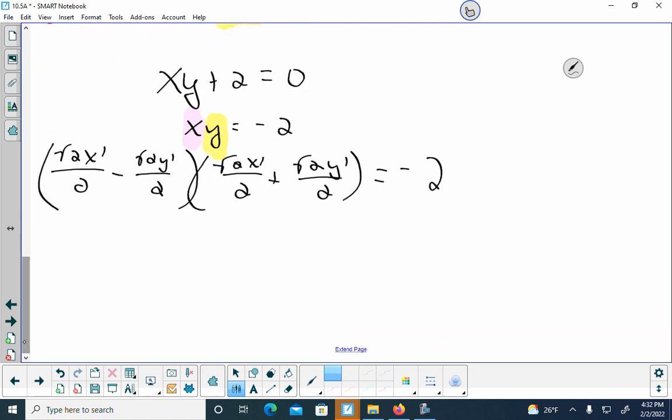Hopefully you recognize that this is the same term as this, and this is the same term as this, and one has a minus sign and one has a plus sign. So that's the way that you factor the difference of two perfect squares. Maybe you recognize that, maybe you didn't, but here we go.